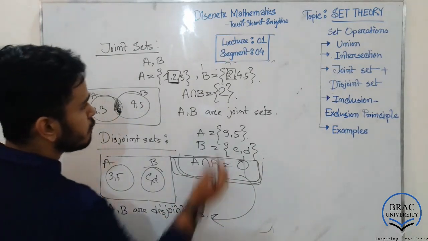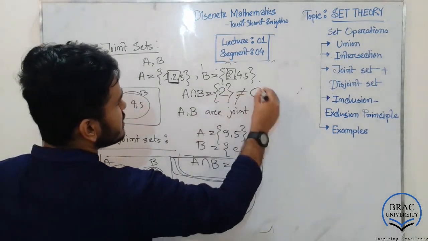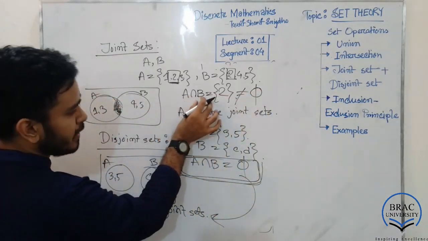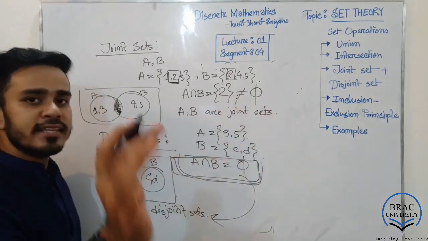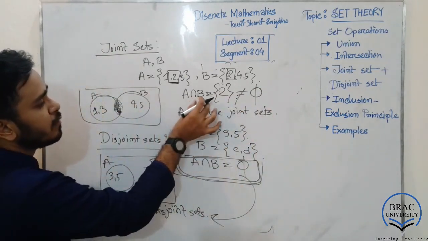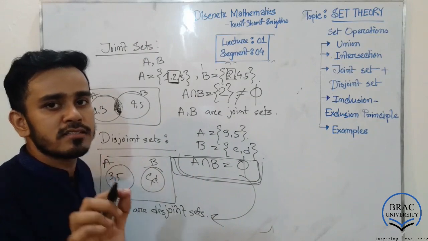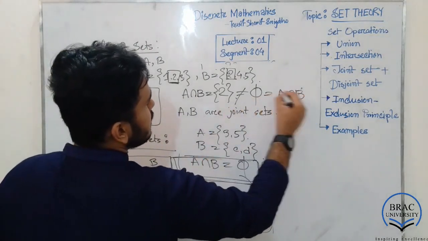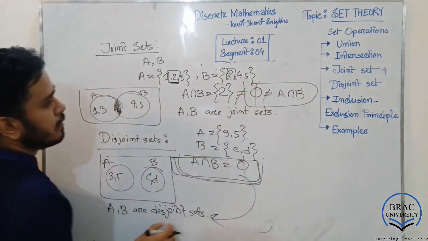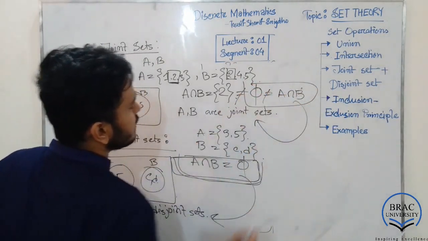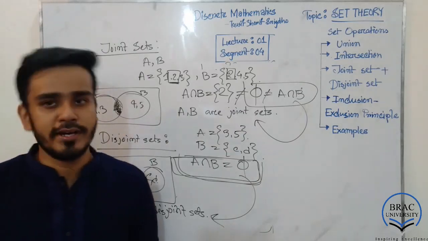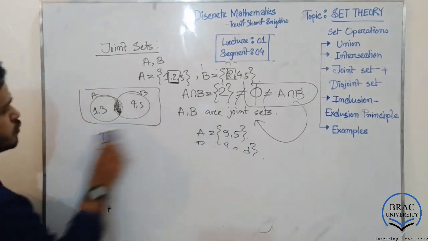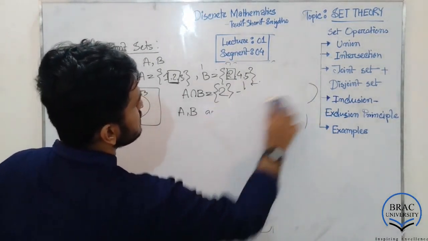And if A intersection B is not equal to null, or is not an empty set, that means A and B must have at least one common element, and then we claim that A and B are joint sets. So that was all for joint and disjoint sets.